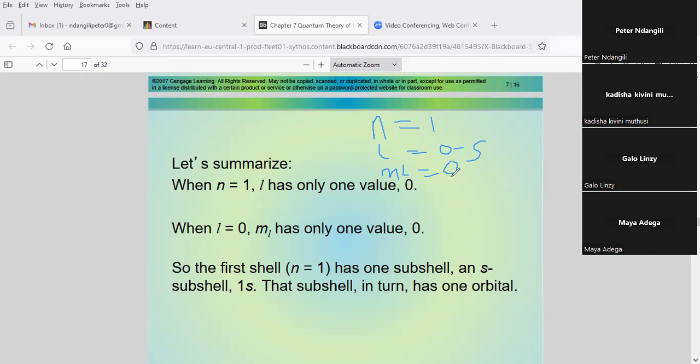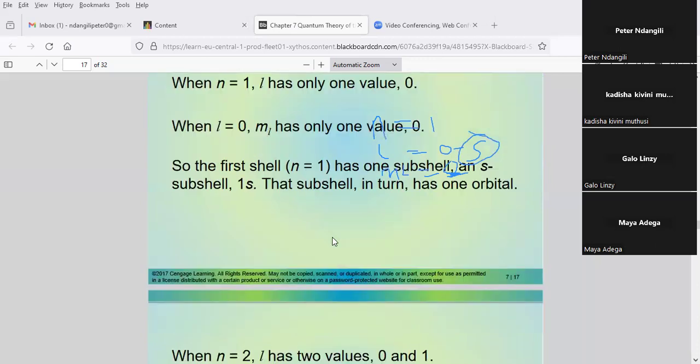This tells us how many s orbitals we have in a particular shell. So this shell has only one orbital, and that orbital is the s orbital.